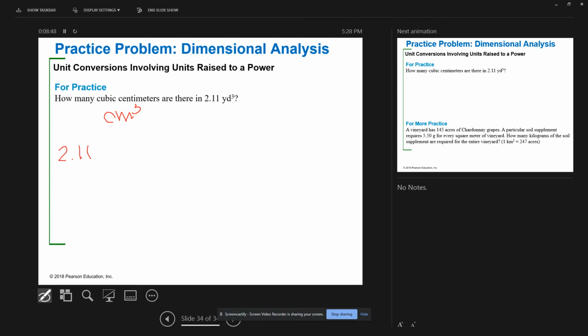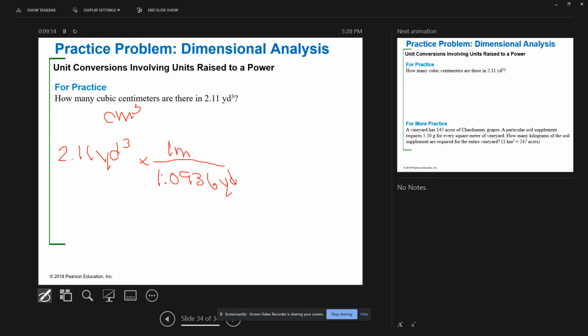We just did that. So 2.11 yards cubed. We know the conversion from yards to meters is 1.0936 yards and 1 meter.